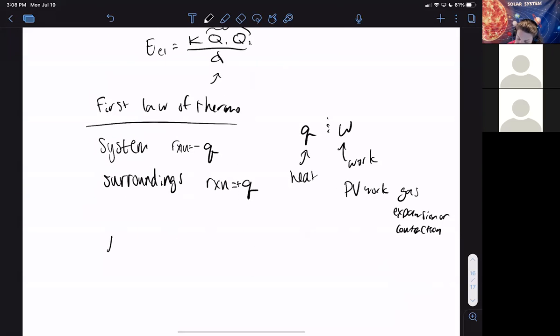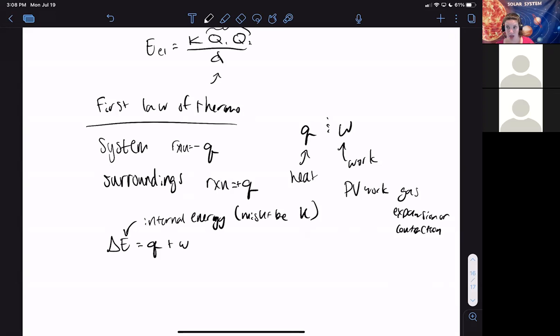If we talk about our internal energy, E is internal energy. It also might be U. Our internal energy is equal to heat plus work. We should understand the signs of heat, work, and energy.